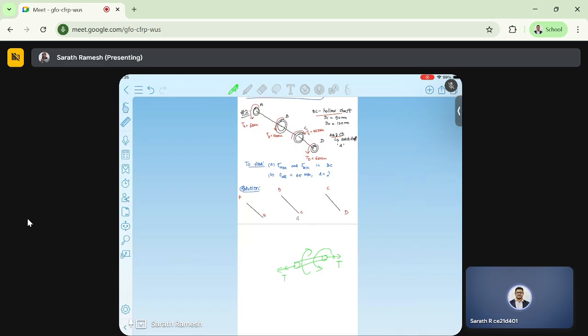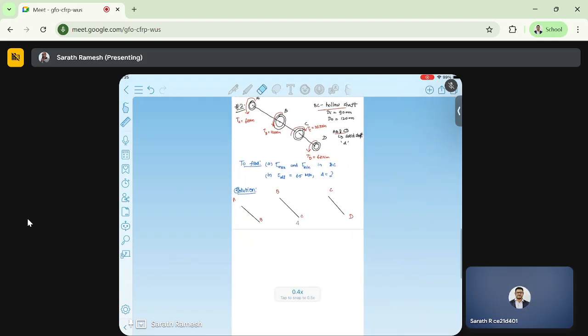This is how we represent the torque direction using the right hand thumb rule. Curl the four fingers along the direction of the torque, and the direction the thumb points is the direction of the torque. I'm going to use that instead of drawing the curly arrow.